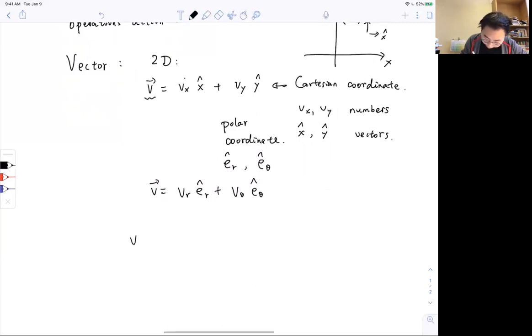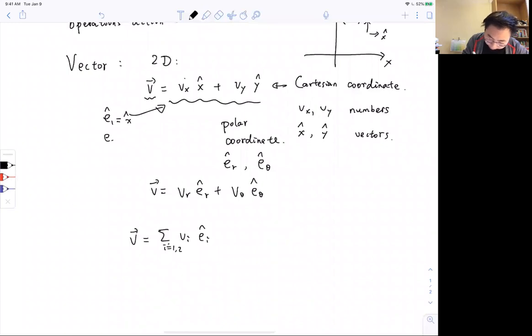So generally speaking, we can write a vector in this kind of form, V^i e_i. So for example, for the Cartesian coordinates, here i can be equal to 1 or 2. In this case, e_1 equals x hat, e_2 equals y hat. So here, this is a basis, this is a component, right?